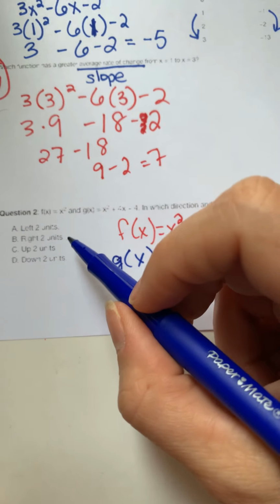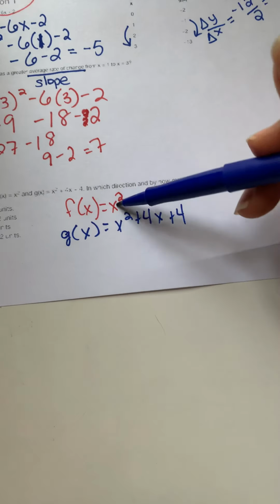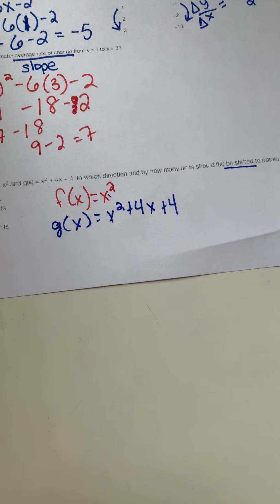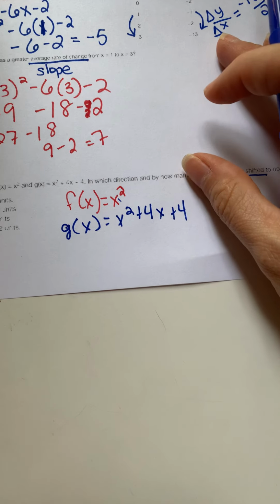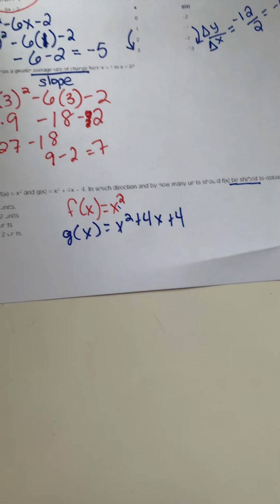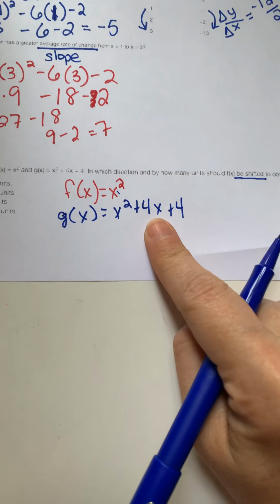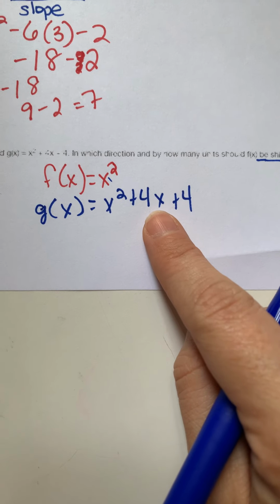Is it left 2 units, right 2 units, up 2 units, down 2 units? It is not easy to compare these like this because, again, sometimes it's easier to look at a function when it's in vertex form. Fortunately for us, this is, think about it.